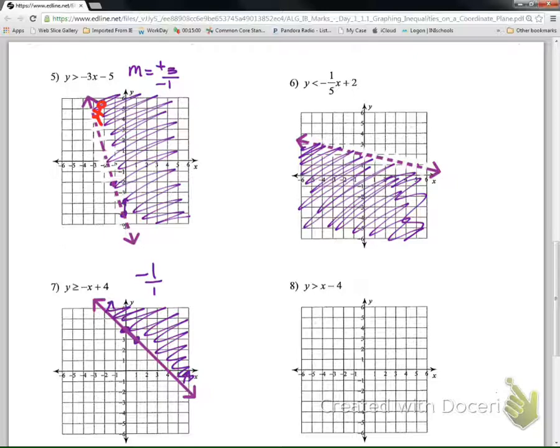Problem number 8. Graph the y-intercept of -4. The slope is, well, our x has a 1 in front of it, or the same thing as 1/1. So we go up 1/1 to find the next point on the graph. Connect your points with a straight line.